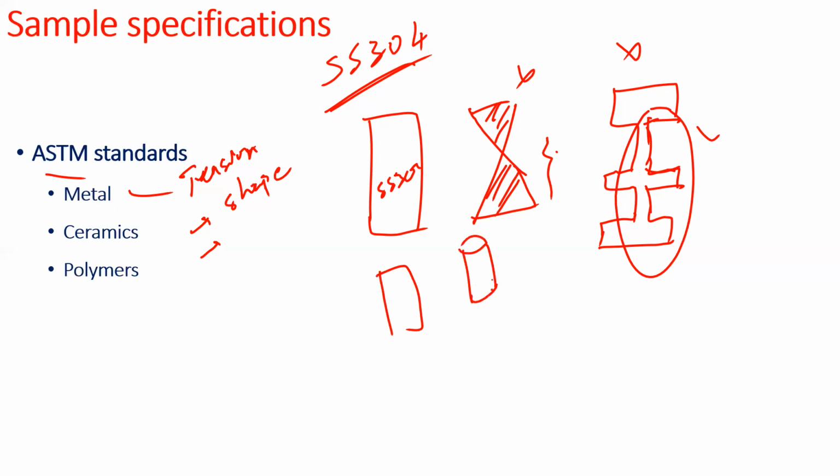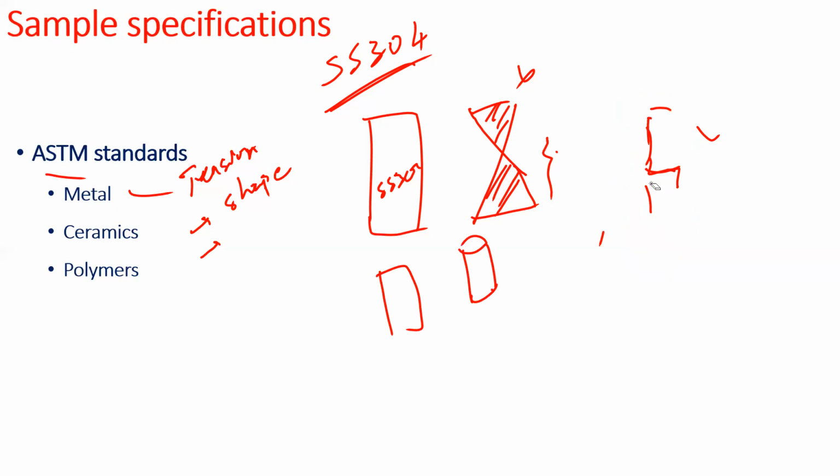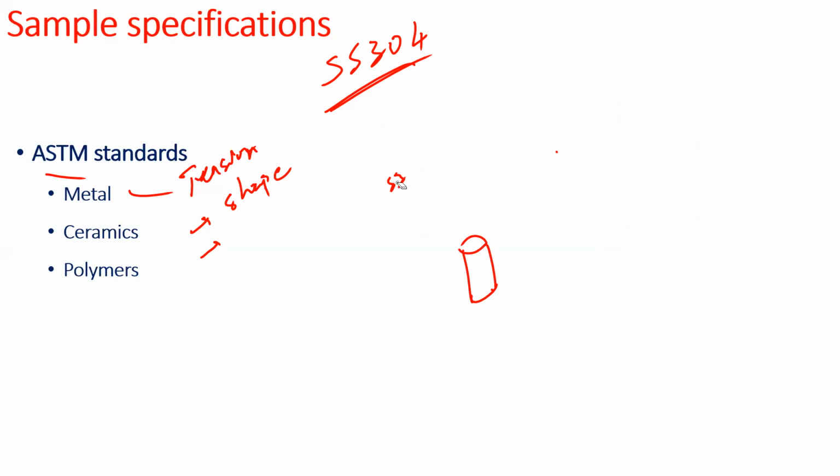Okay, so let me draw the actual shape. Let me erase these. All right, so what is the shape? Let me first try to draw a clear rectangular specimen.